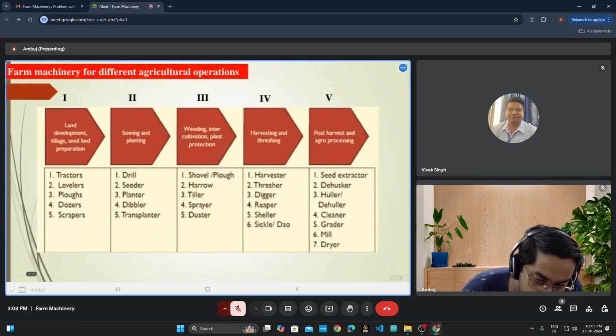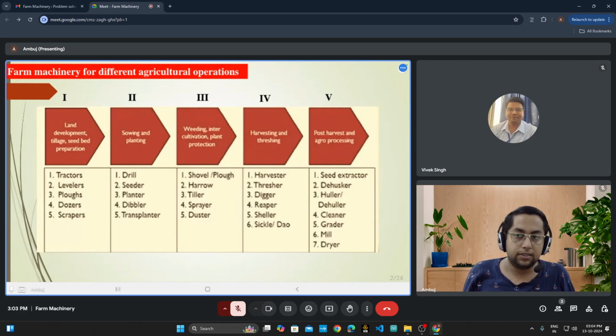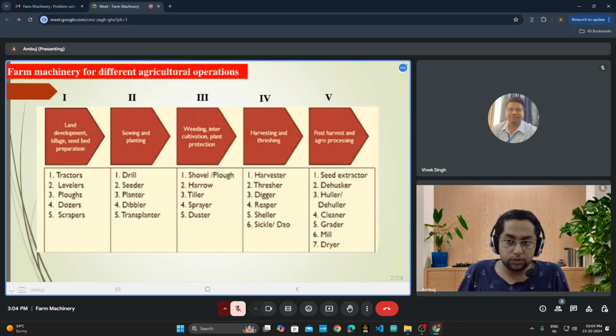In the very beginning, I described various farm machinery for different agricultural operations. First is land development, tillage, and seedbed preparation. For this domain, tractors, levelers, plows, dozers, and scrapers are used.